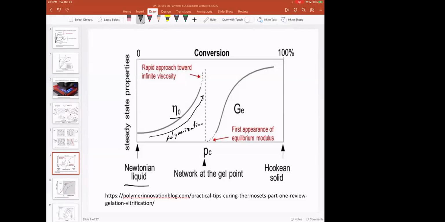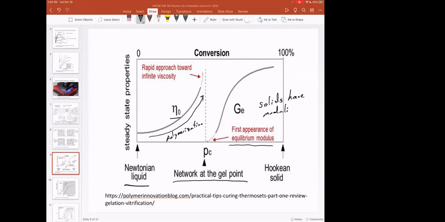And then at the gel point, or the conversion at the gel point, we have this first appearance of moduli, because solids have moduli. So this is where we need to get to in this rapid curing before we can pull the part up, let resin flow in, and print the next layer, depending on how printing process is going.